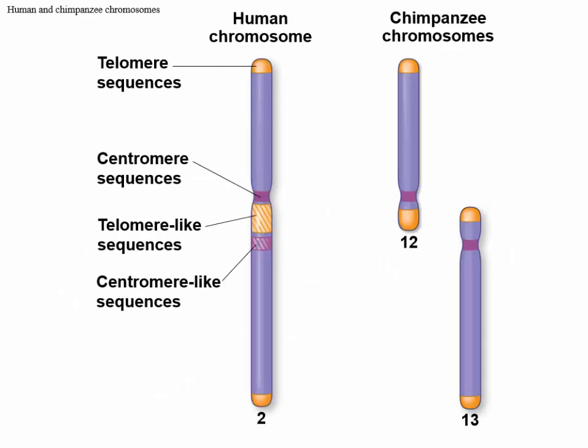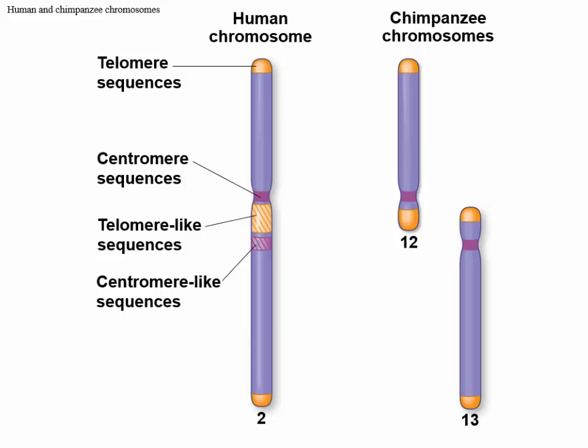So if we look at human and chimpanzee chromosomes, what we see is a human chromosome on the left-hand side, a nice long one, and there's a telomere on top, and a telomere at the bottom. But in the middle, right where there's this pinched-in area, it's a centromere sequence, and then there's a telomere-like sequence and a centromere-like sequence.